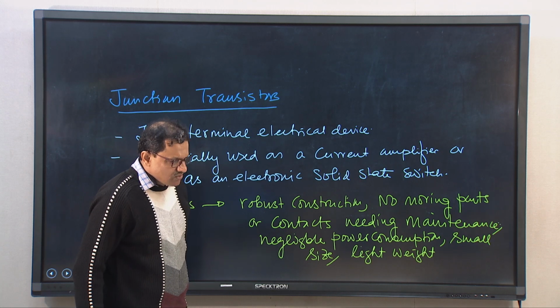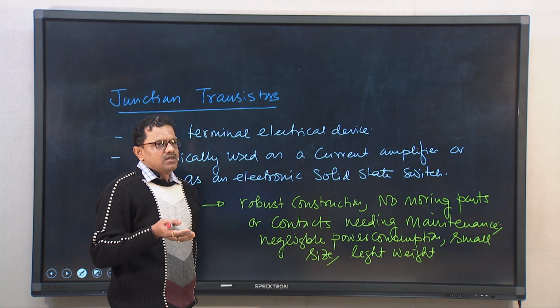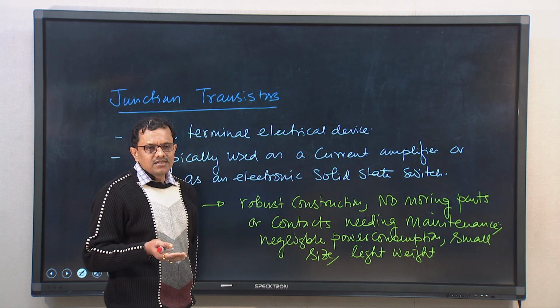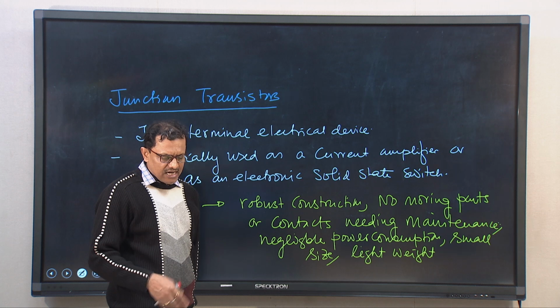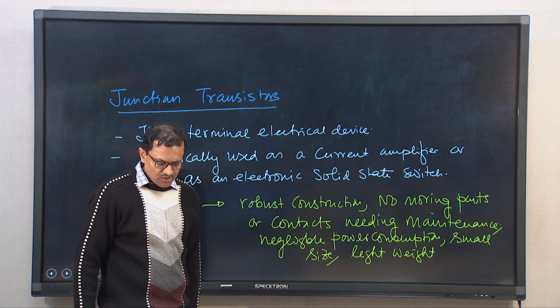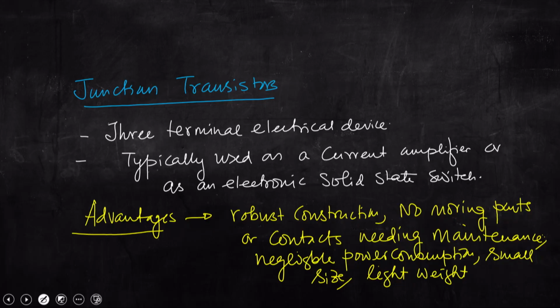Now, let us look into the circuit of this transistor and at least their operational principle also. So, if we go to the next slide, if we try to draw this schematic.